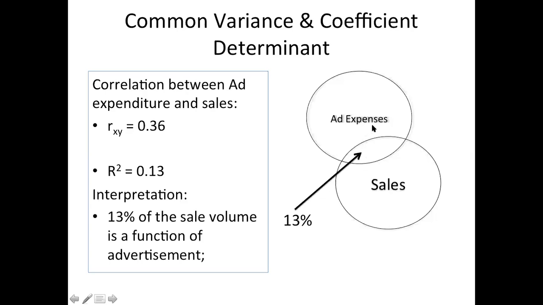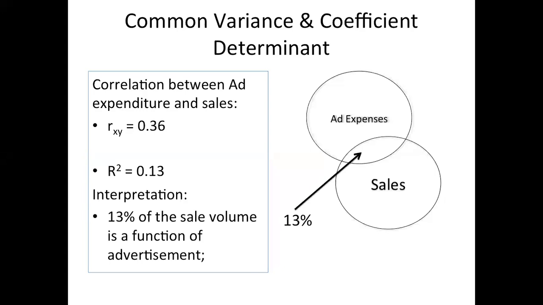So the contribution of the expenditure in advertisement is about 13%. Okay, so it's very low. It's called medium strength of correlation between advertisement expenses and the volume of sales.